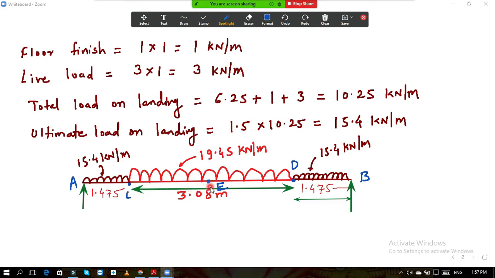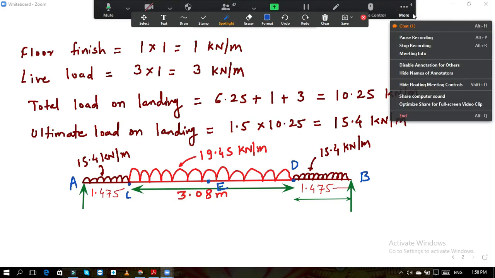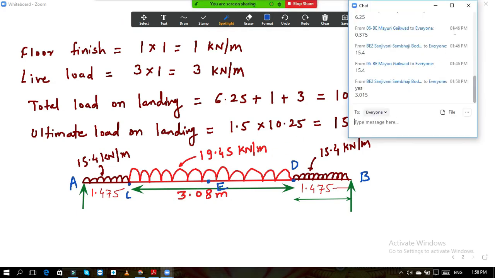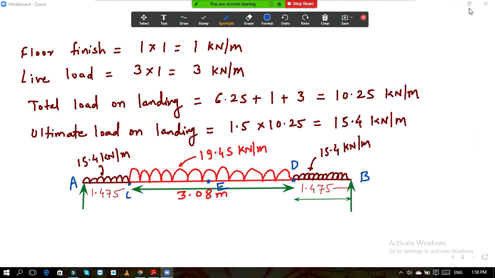Now from A point to E point, it will be 1.54 plus 1.475. So it is 3.015. Okay, right answer 3.015.